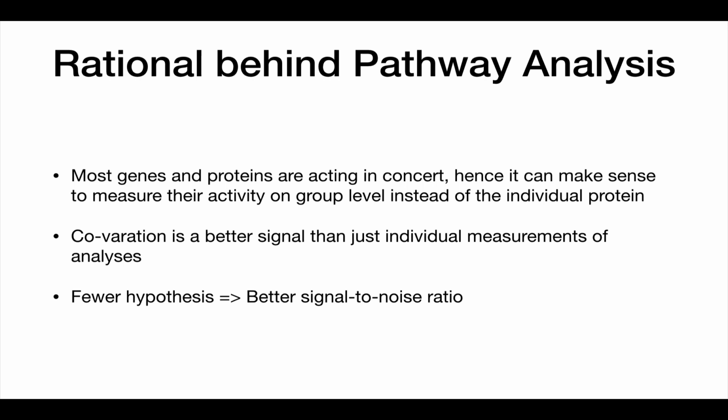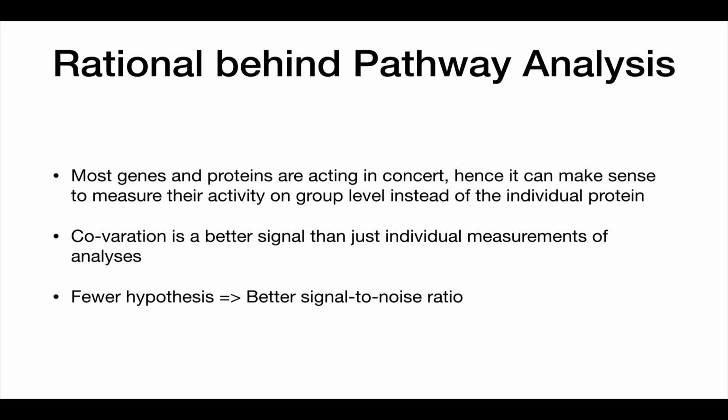However, another more subtle one is that in general, and this is true not just for biology, if you find covariation between multiple different signals, it is often a much better signal than the individual signal by itself. The fact that you've seen 3 different incidents pointing in the same direction is much stronger evidence for something than that you just see one single indication of something.